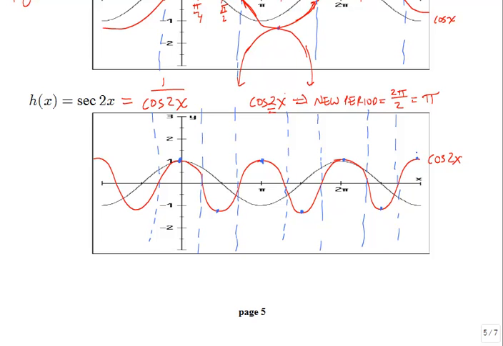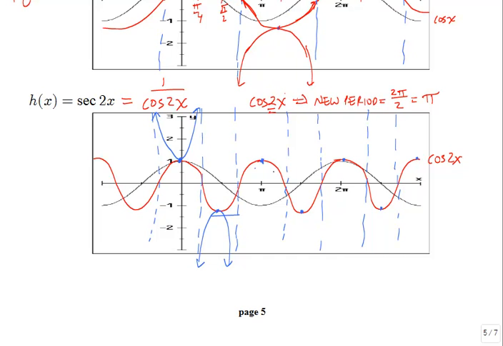Then we just have to figure out whether our U should go up or should go down. All of these y values are positive, so as I get closer to 0, I'm going to have to blow up to positive infinity. So these are going to have to be a U that shoots up. All these y values here on this red graph are negative, so 1 over something negative is going to blow up to a negative infinity. So these have to shoot down.